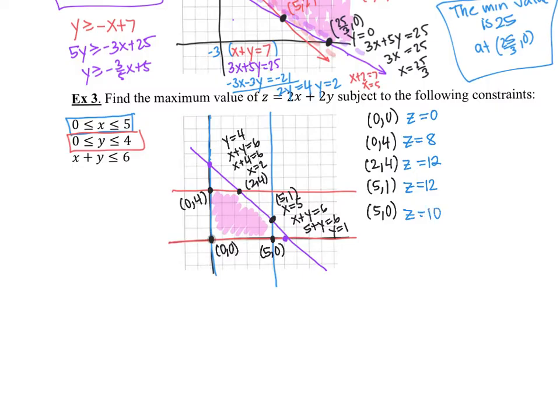So I got 0, 8, 12, 12, and 10. Now I'm looking for the maximum value, but I got two maximum values, which doesn't totally make sense, but it kind of does. Okay, so the way I'm going to say that is that I know the max value is 12.